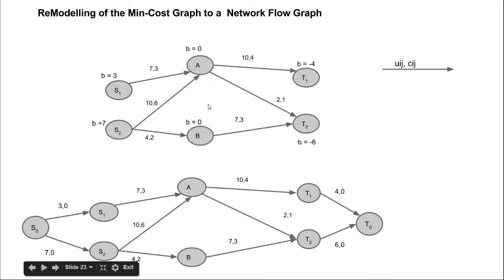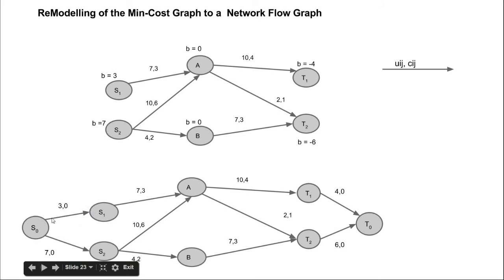Now to transform this into a flow network graph, we need to add a super source and a super sink, S0 and T0. And we need to add edges from the super source to all the sources in the cost graph, with capacity equal to their B value.